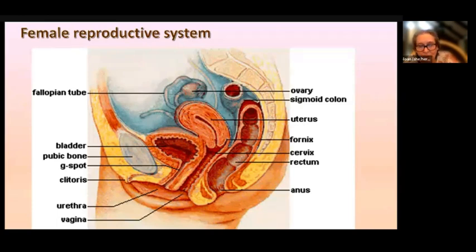Many times when we talk about sexual intercourse, we think about, for example, is the penis going to be the right size? Is it going to be too big or is it going to be too small? But the bottom line is this first inch is the main area where there's sensation.